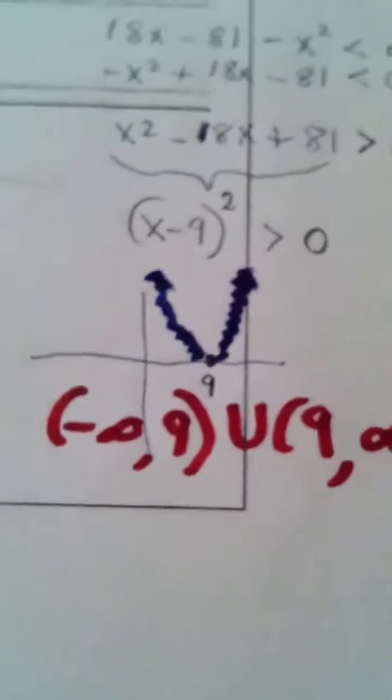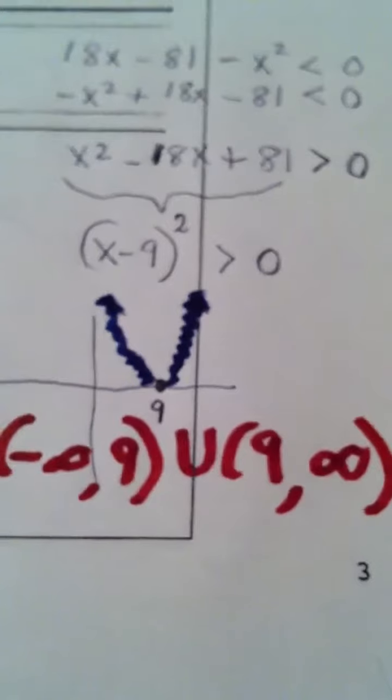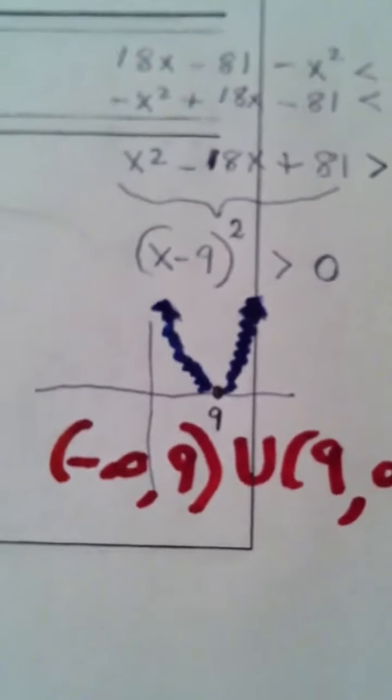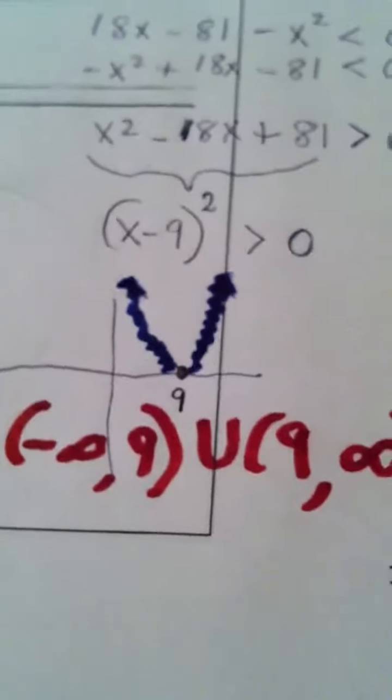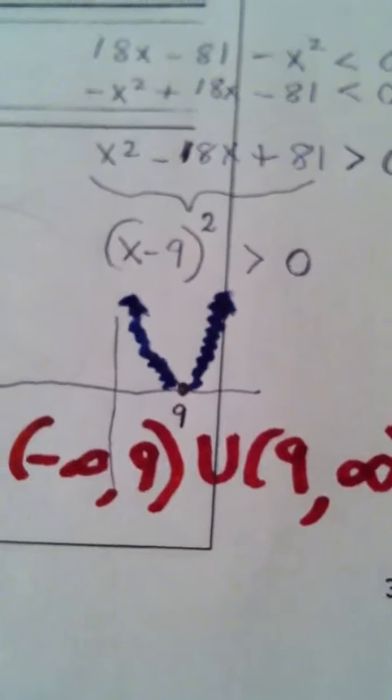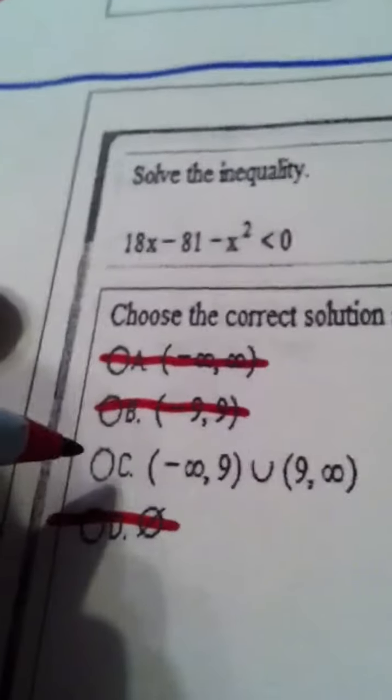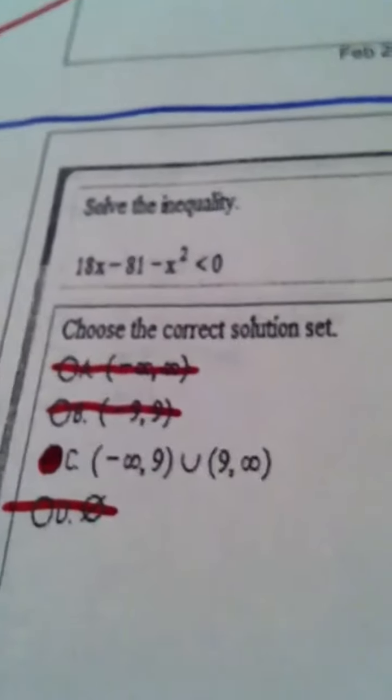And of course with a paren, not a bracket. So basically what we've done here is our answer to this problem is all real numbers except 9. So no to that, no to that, no to that, and yes to choice C, and we're done.